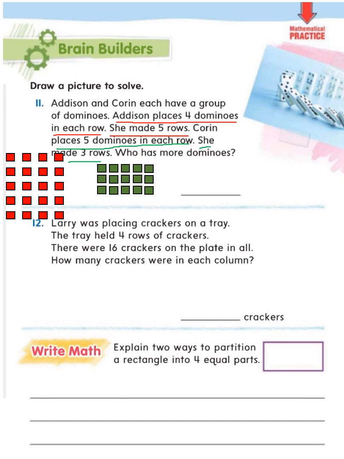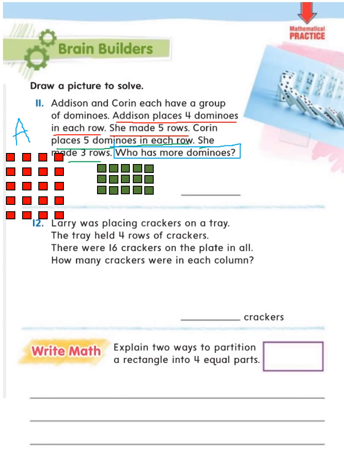Now the question is, who has more dominoes? There's an easy way for you to figure this out. You can just count them all. Remember, the one on the left is Addison. I'm going to put an A there.